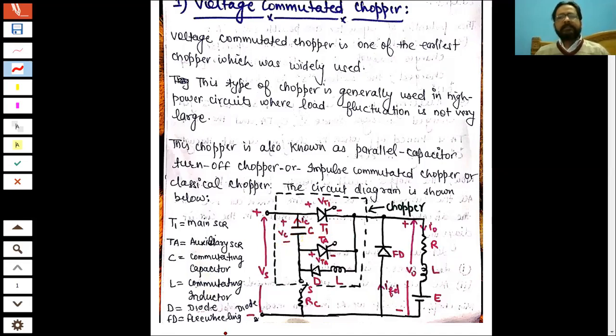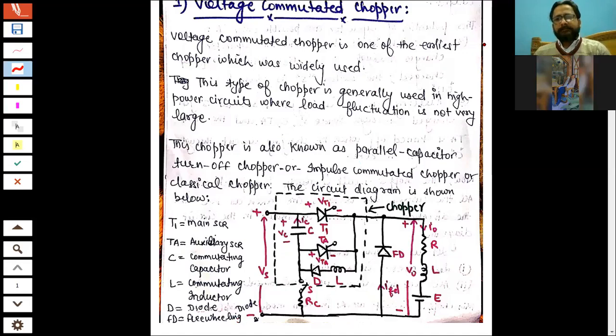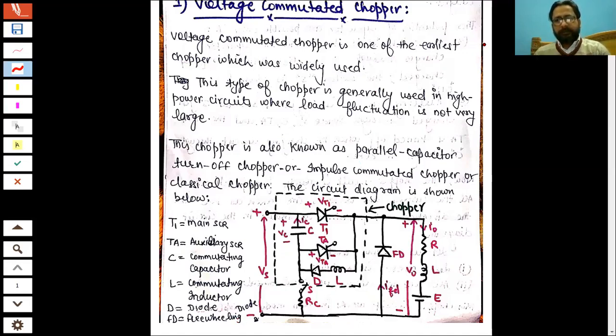So at time t equal to 0, we will start our explanation for the working of this chopper with an assumption that initially the commutating capacitor is charged with a voltage VC, right?